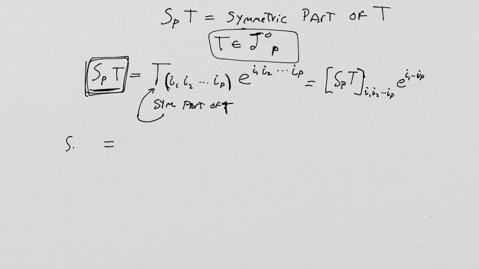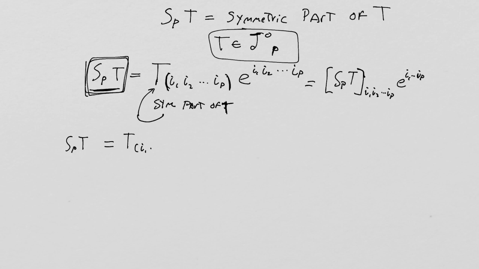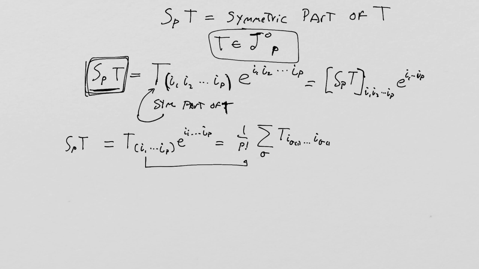The definition of the symmetric part of T, I'll write it back in the parenthesis form, T with indices I1 to IP, times E_I1 through E_IP, is going to equal the components, which we now put into a formula: 1 over P factorial times the sum over all permutations sigma of T with indices I sigma 1 to I sigma P. That will be the component, and then it will be E_I1 tensor product through tensor product E_IP.